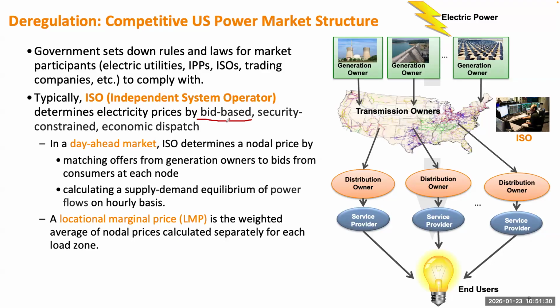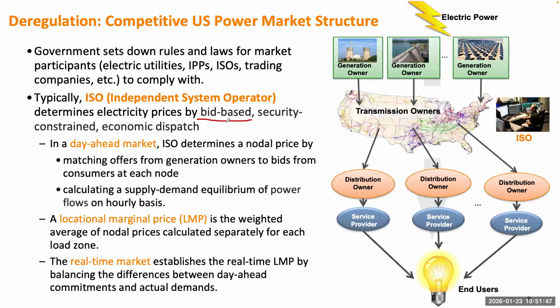A locational marginal price, or LMP, is defined as the weighted average of the nodal prices for one area. So for each area, they can generate such an LMP, which is basically just the weighted nodal prices for that area. In the real-time market, the LMP is calculated to balance the differences between the day-ahead commitment and actual demand. So that's how the market is operating.